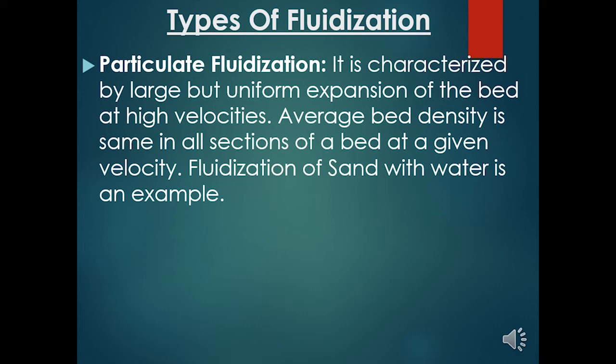But we also see that the average bed density, which is the mass of the particles plus the fluid per unit volume, is the same in all sections of the bed at a given velocity. So when we are operating the fluidized bed at a particular velocity, in the case of particulate fluidization, the average bed density will be the same at all parts of the bed. A common example is the fluidization of sand particles with water.